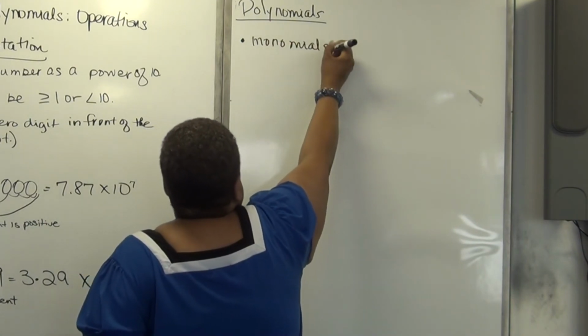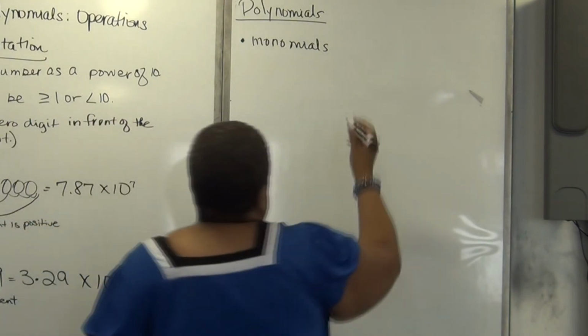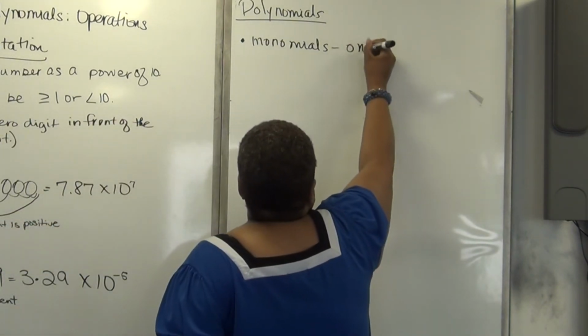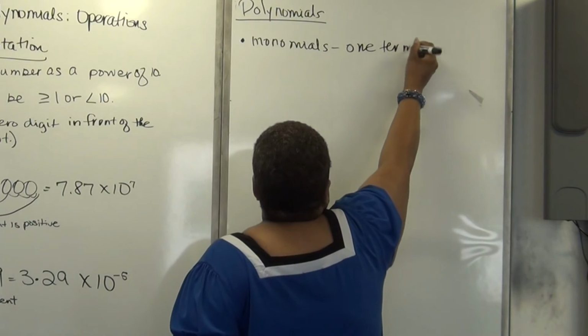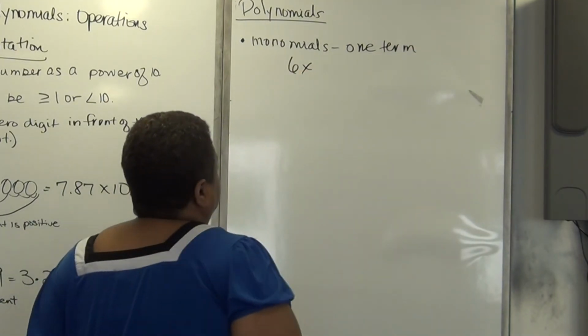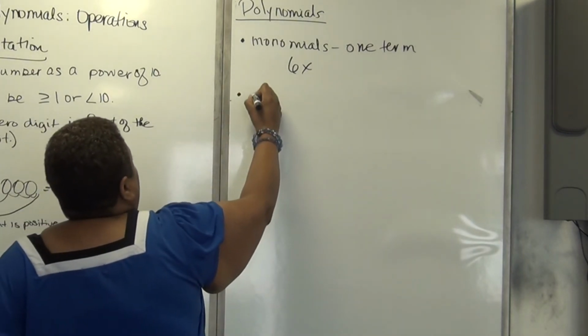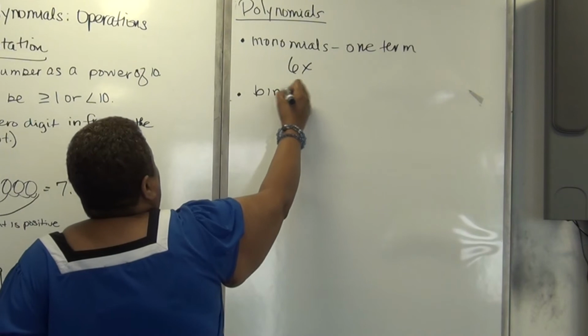But now what I'm going to do is give you different types of polynomials so we can see if we recognize them. So let's first talk about a monomial. Monomials: one term. Then we have the binomial.